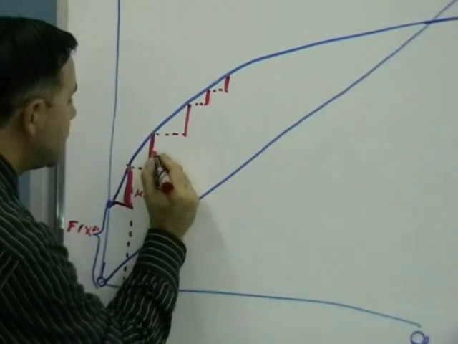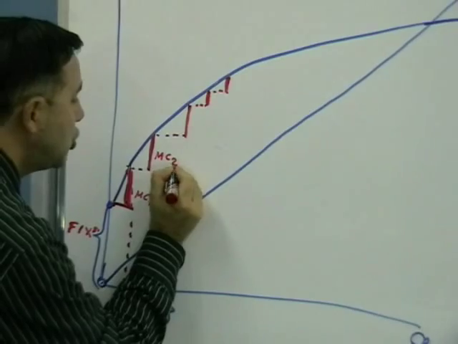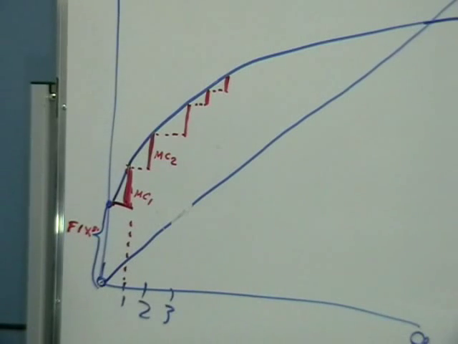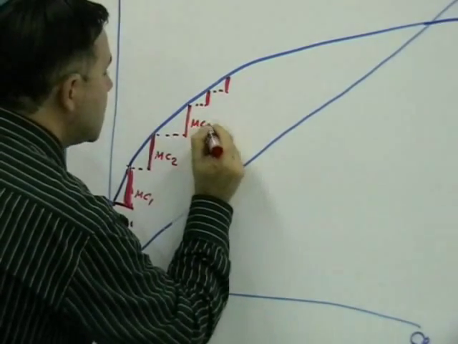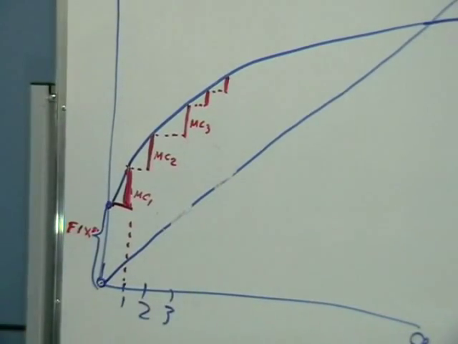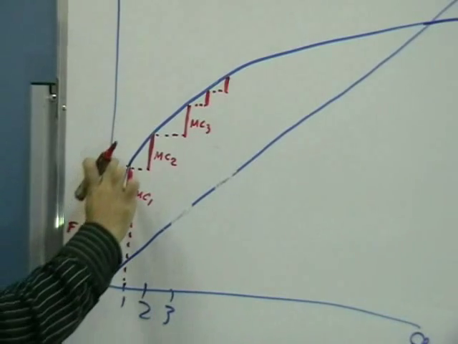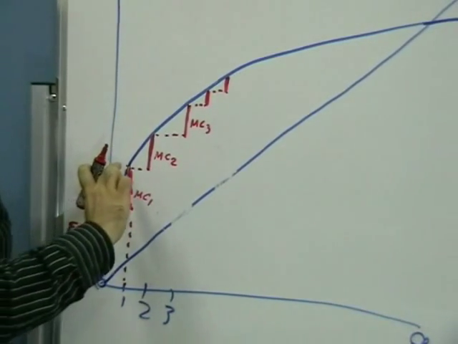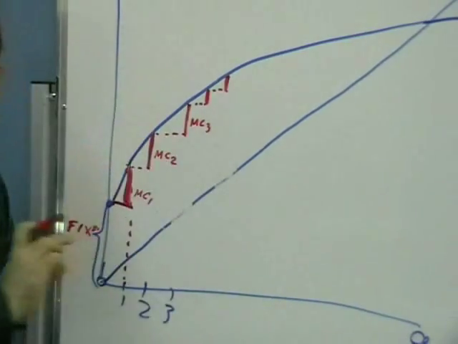This second piece will be marginal cost 2. Marginal cost 2 will simply mean the cost to teach an extra student. Then this will be marginal cost 3. So, the point is that early on, the curve is steep and the marginal cost is high.